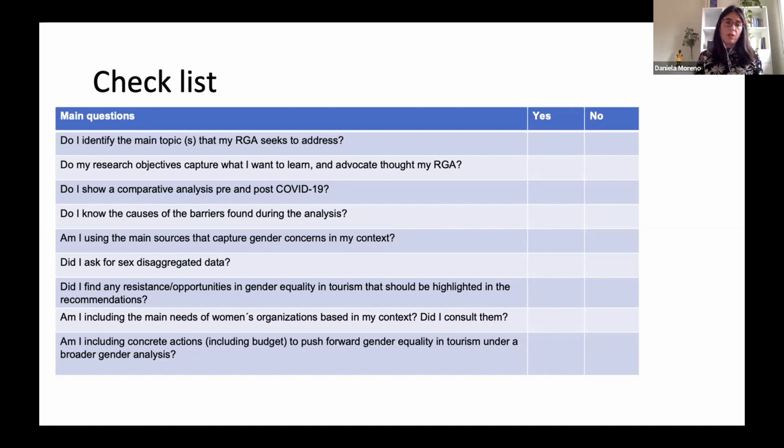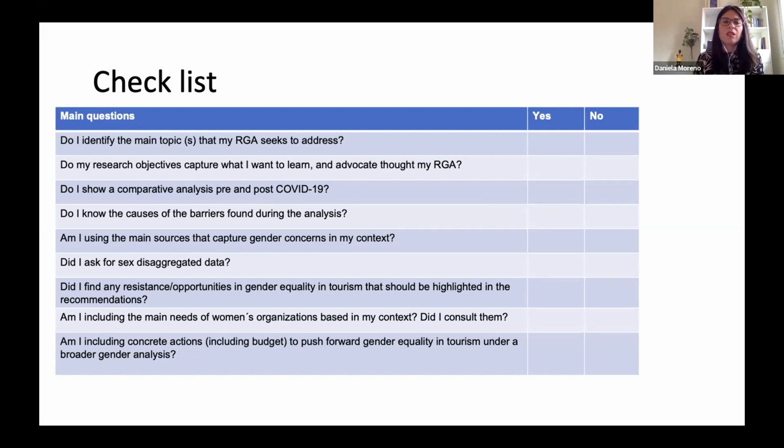And the last question that I include in this checklist is, am I including concrete actions, including budget, to push forward gender equality in tourism under a broader gender analysis? So concrete actions, yes, but we also need the budget to put those concrete actions into practice.